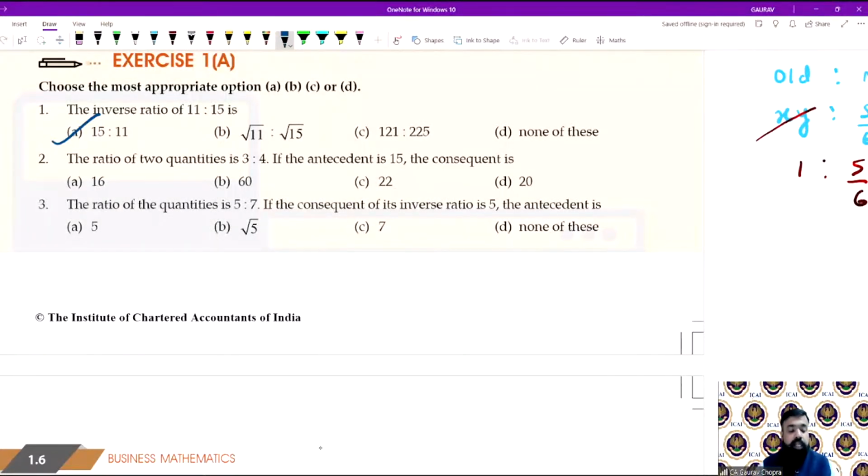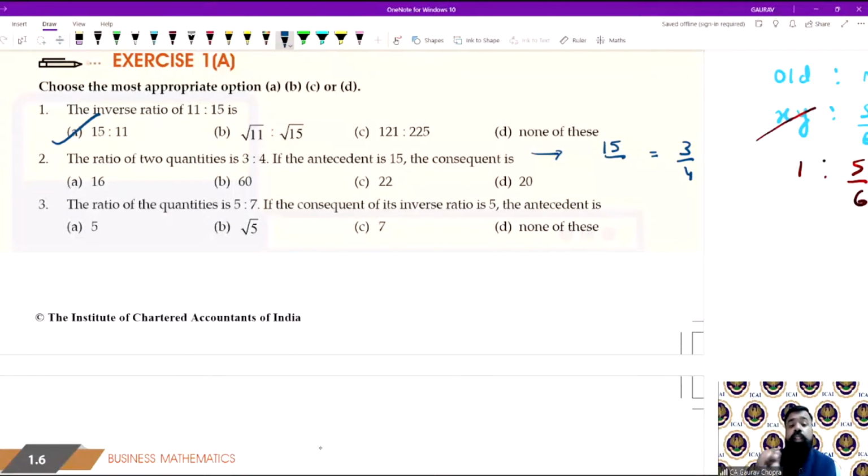Great. The second one. The ratio of two quantities is 3:4. If the antecedent is 15, what will be the consequent? So it says 15 upon something is equal to 3 by 4.